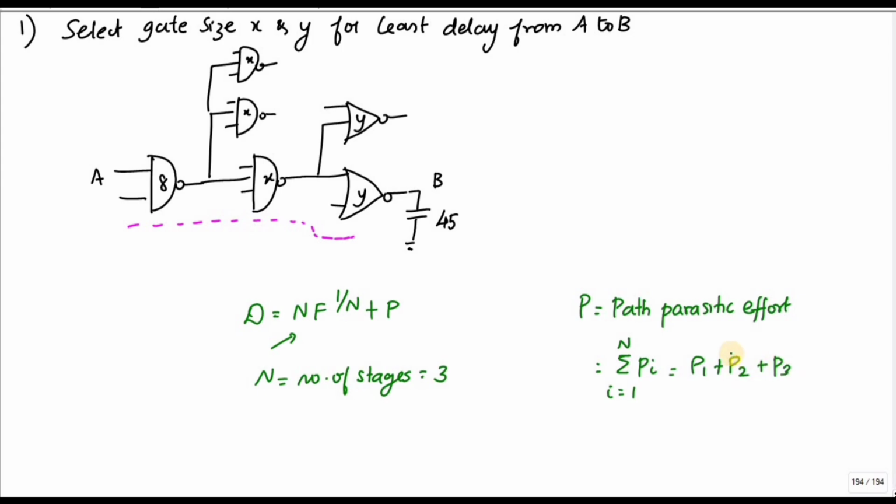Here P1 is the number of inputs. How many inputs are there? It is 2 for this one, 3 for this one, and 2 for this one. So the total answer is 7.